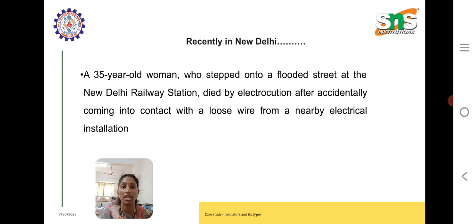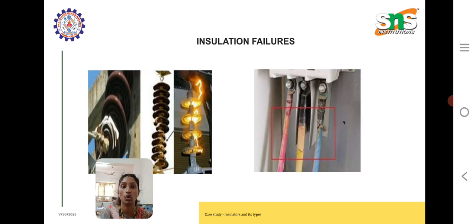Later, with the inquiry, they found that it was because of insulation failure. That's what we call electrocution. There is no mistake on the part of the railways. So insulation is very important to avoid many accidents. This insulation plays a major role.